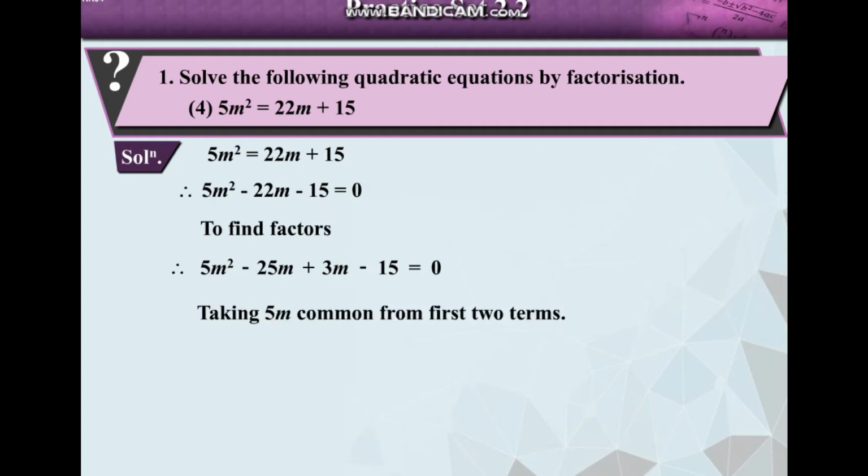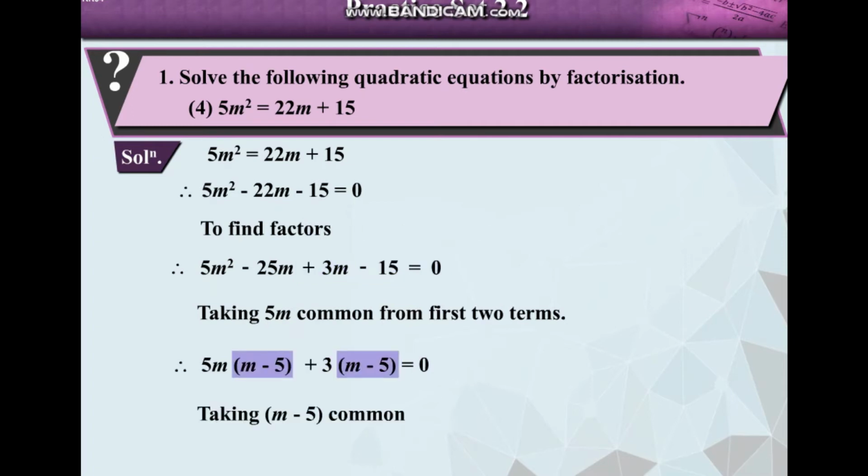Taking 5m common from the first two terms, therefore, 5m multiplied by (m minus 5) plus 3 multiplied by (m minus 5) is equal to 0. Taking (m minus 5) common, (m minus 5) multiplied by (5m plus 3) is equal to 0.